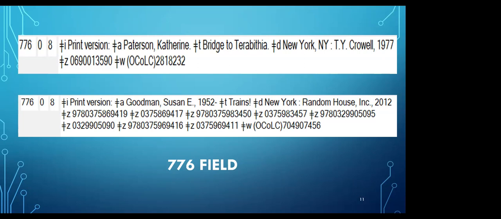If you just click on that, it actually puts the 776 in for you, and you don't have to change anything. I mean, it puts it in exactly how it should be.